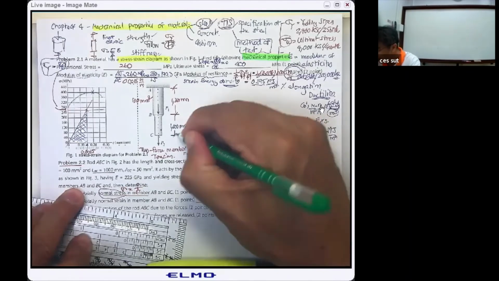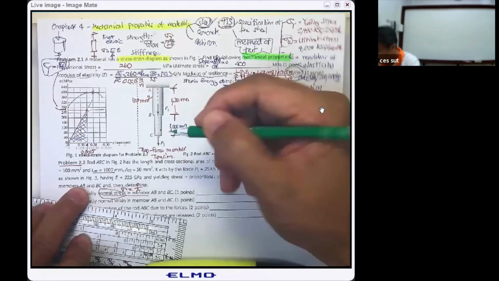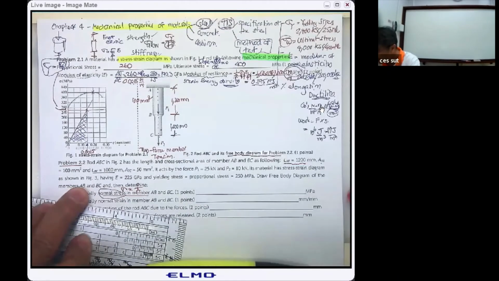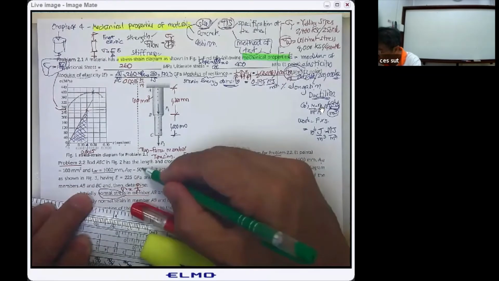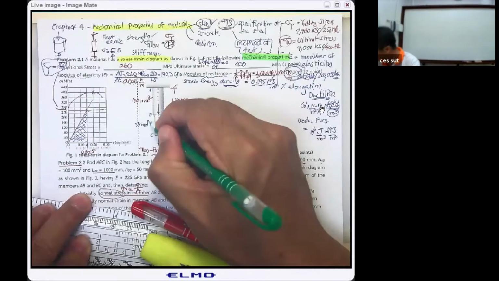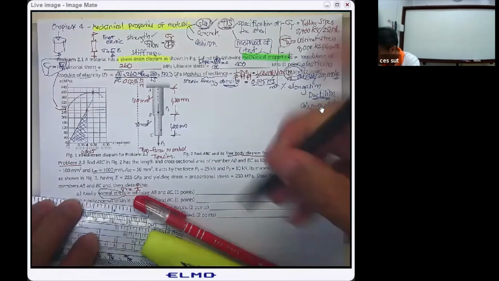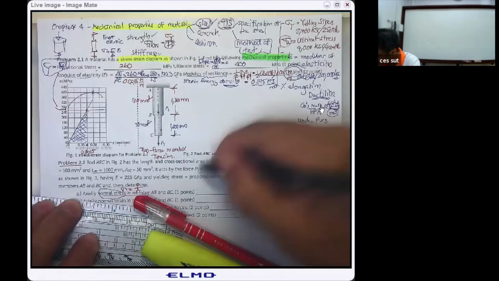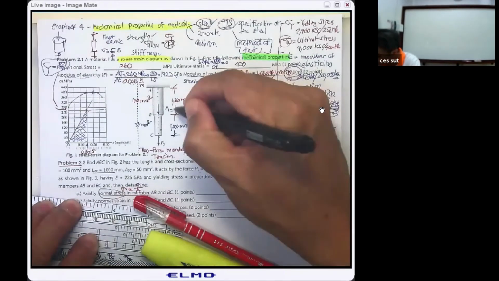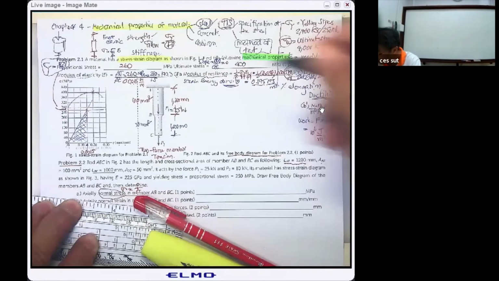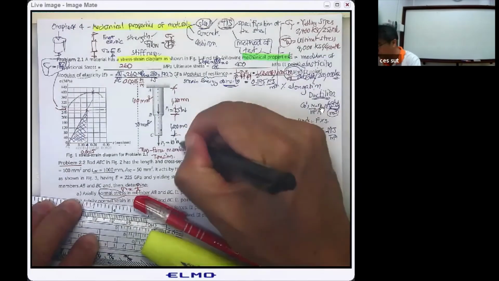So we have the length here, and then BC is smaller, with an area of 50 square millimeter. The structure is subjected to the force P1, which is going to be 25 kilonewton, and P2 is going to be 10 kilonewton.